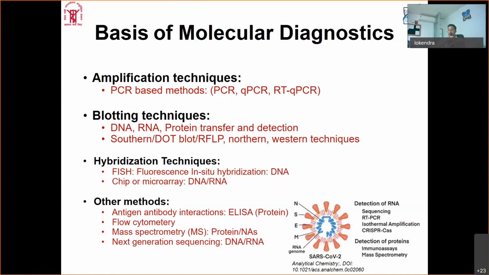And I think when we talk about molecular diagnostics, it is having everything. So you have this, a typical representation of SARS-CoV-2, and it has various nucleocapsid, spike protein, envelope protein, membrane protein.